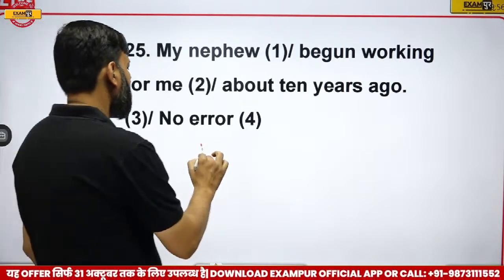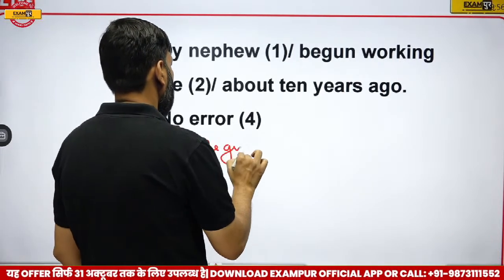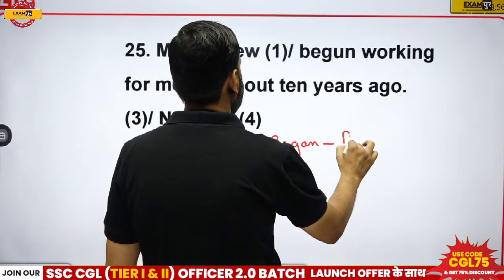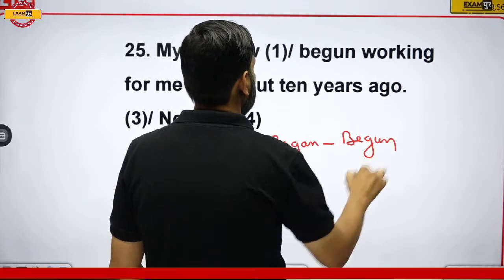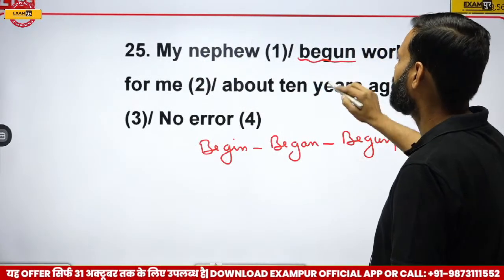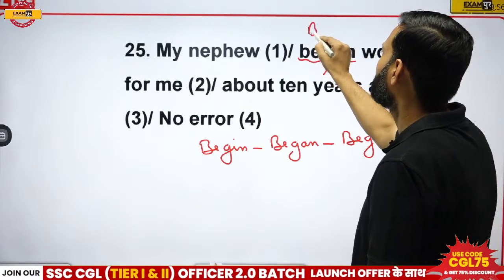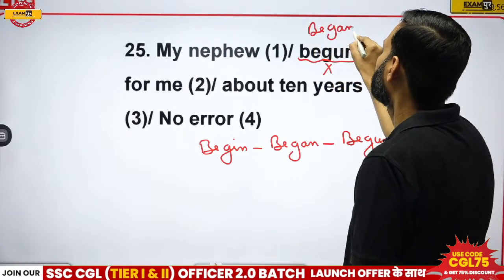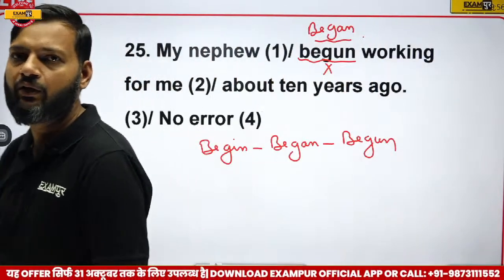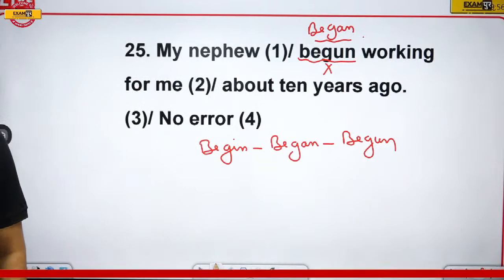See, begin is the first form, began is the second form, and begun is the third form. So here we need second form in place of third form. So begun will be replaced by began.